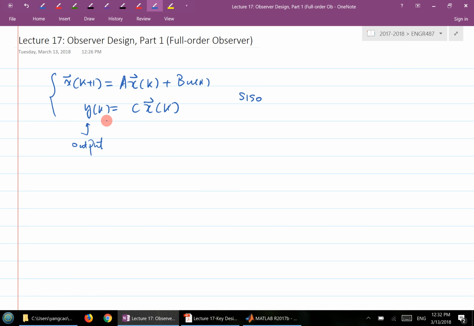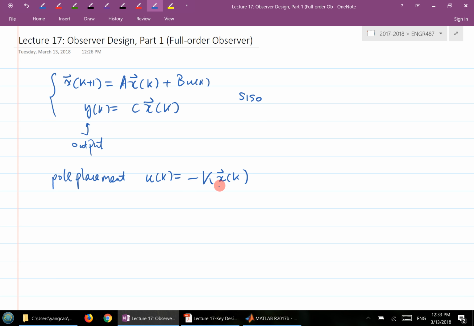Based on the state space model, we can use, for example, pole placement. The idea of pole placement is that you generate your control input based on the negative feedback of the state variables x times a gain matrix k. That gives you a control feedback here.